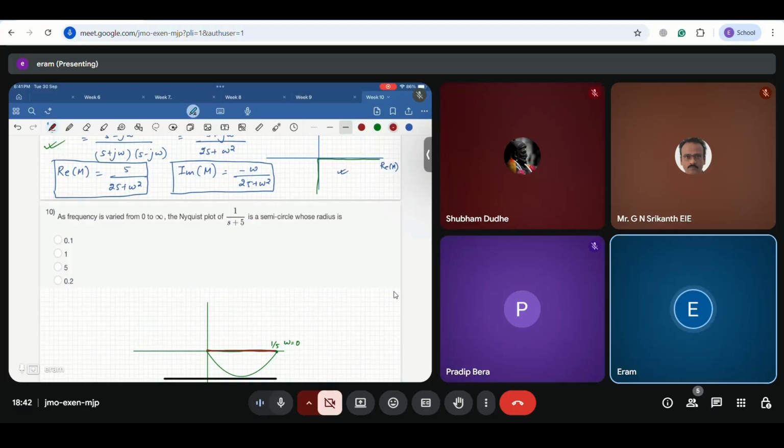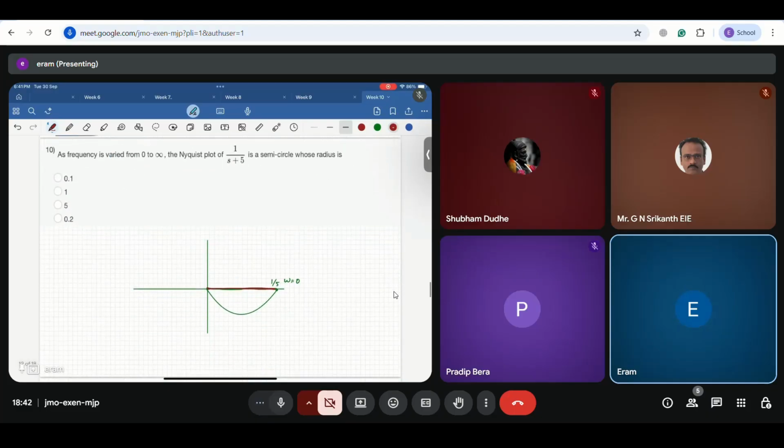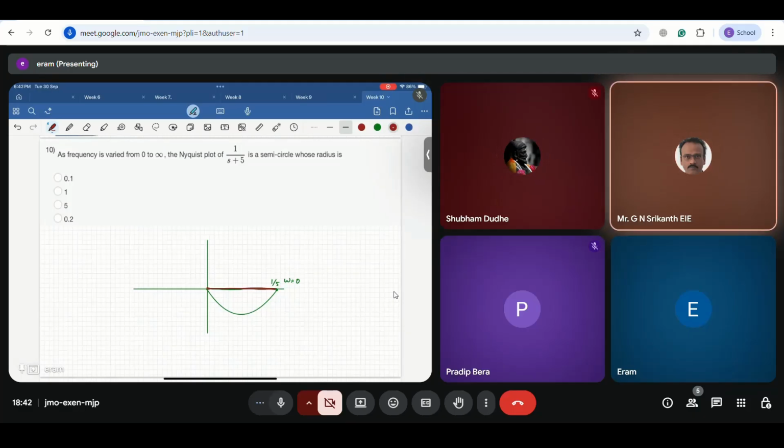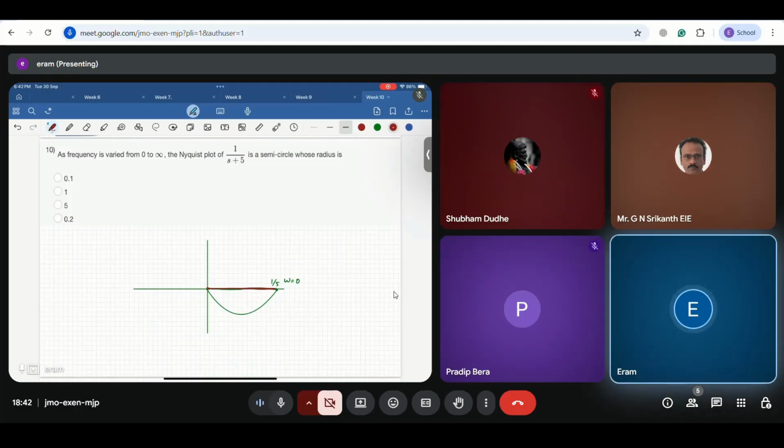Then what will be the radius? It is half of it, that is 1 by 10, so it is 0.1.